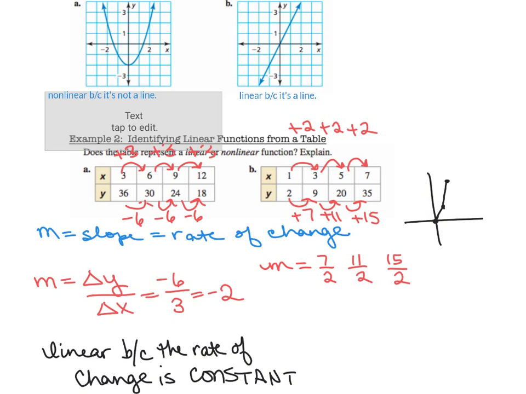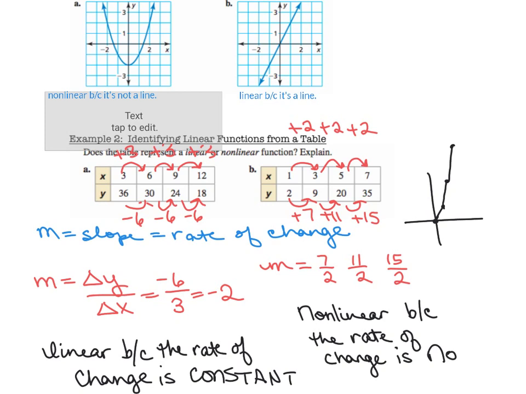So it'd be even steeper there. So it's not straight because your slope, rate of change, is changing. So nonlinear because the rate of change is not constant.